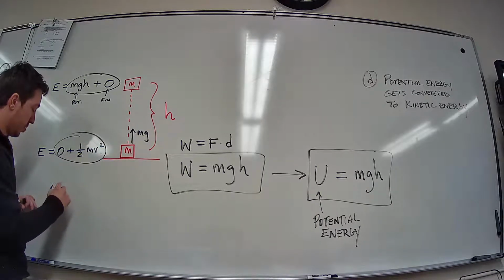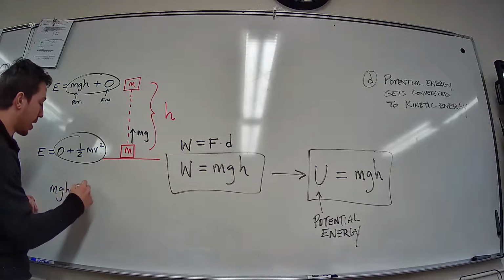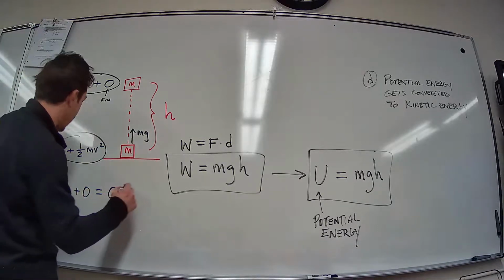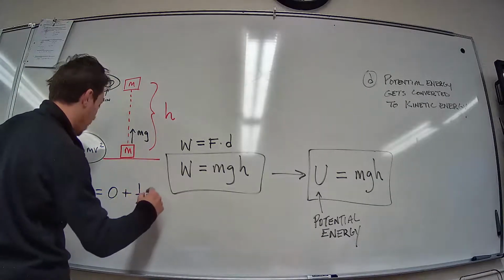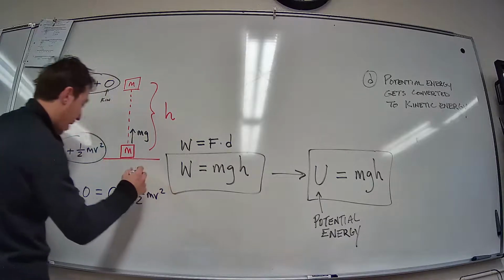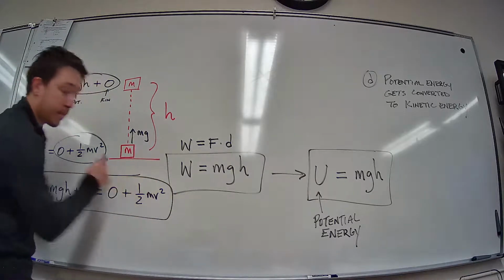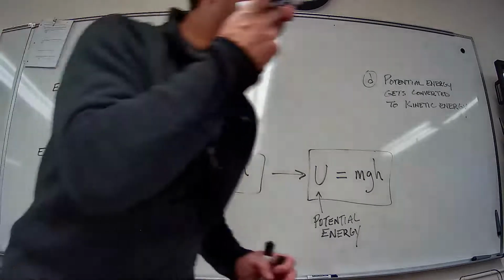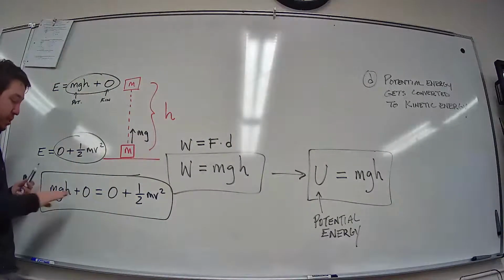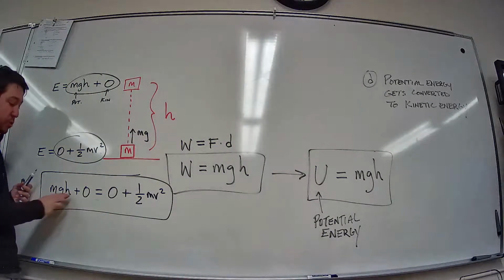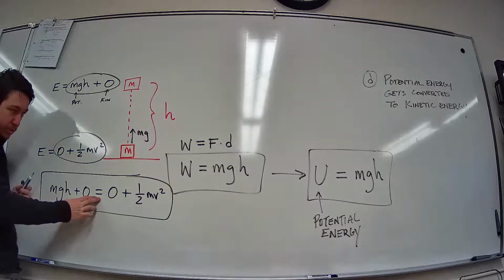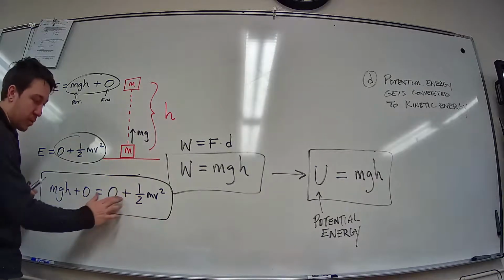You might be wondering, why write the zeros? Well, the zeros help us see that this is the answer to part E: his total energy at the top, potential plus kinetic, is equal to his total energy at the bottom, potential plus kinetic.